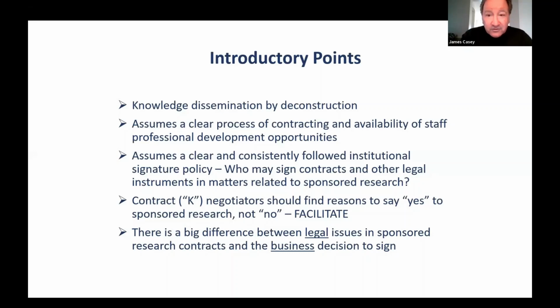And sometimes those do need to go up the chain of command once the contract has been appropriately negotiated with all the appropriate language and clauses and that sort of thing. So keep in mind that the whole discussion of what is in the contract itself, clause-wise, is separate from the discussion of business decisions to sign.